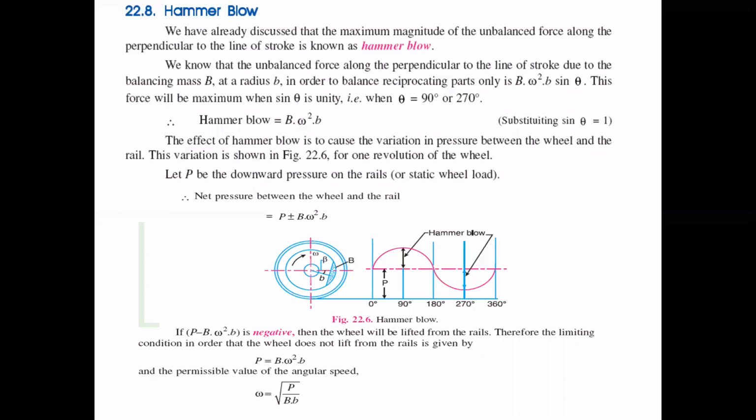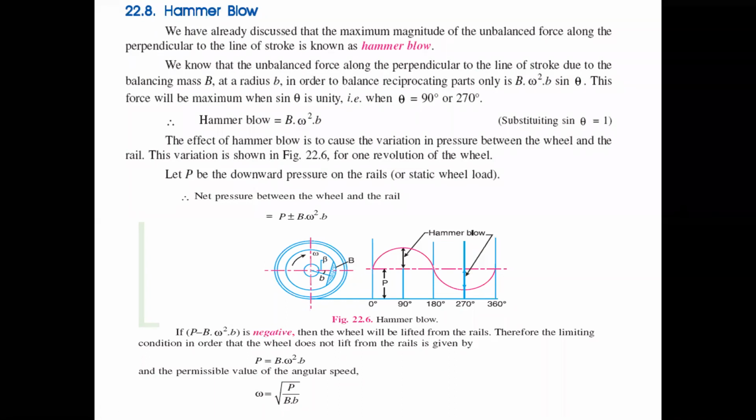They also represent one statement: if p minus b omega square b is negative, then the wheel will be lifted from the rails. That may happen.